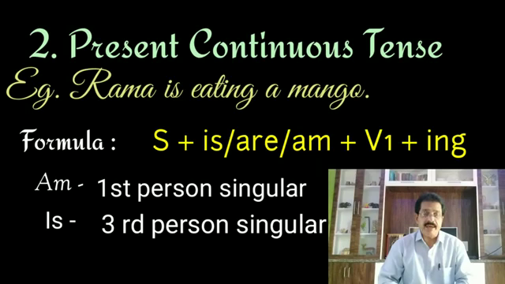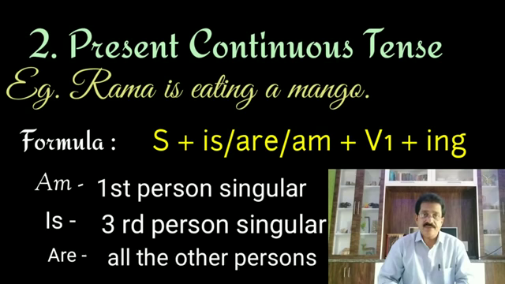He is eating a mango. She is eating a mango. Ravi is eating a mango. Then, what about are? Are is used with all the other persons except first person singular and third person singular. For example, first person plural: we are eating a mango.